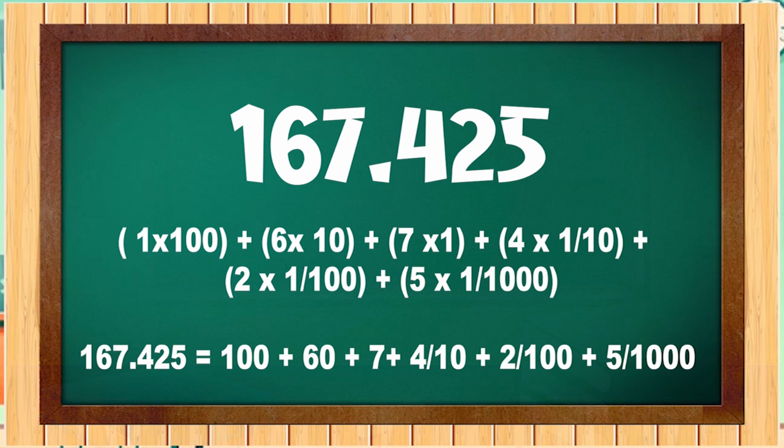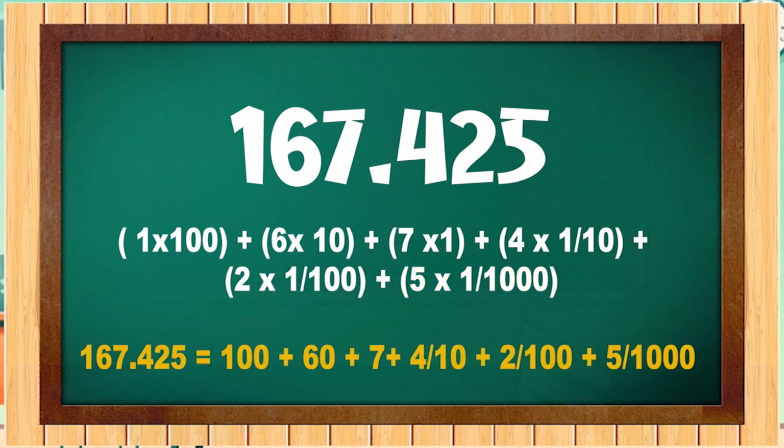167 and 425 thousandths expanded equals 1 times 100 will give us 100 plus 6 times 10, 60 plus 7 times 1, 7 plus 4 times 1/10, 4/10 plus 2 times 100ths, 200ths, plus 5 times 1,000ths, 5,000ths.